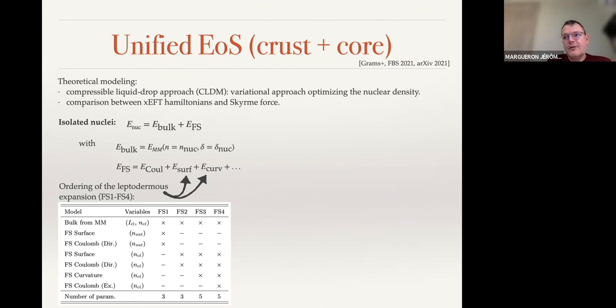So these parameters are controlled by the fit to the nuclear chart, except one which influences surface tension only for very large isospin asymmetry that doesn't exist on Earth, I mean, in finite nuclei.